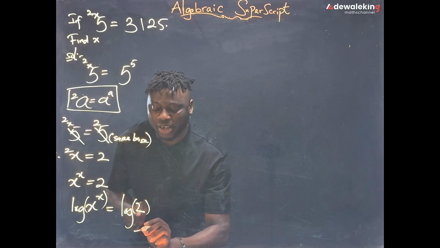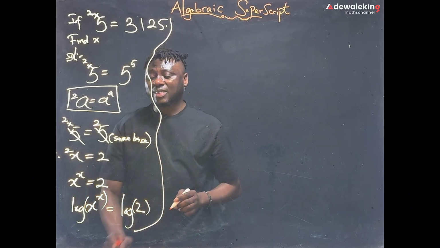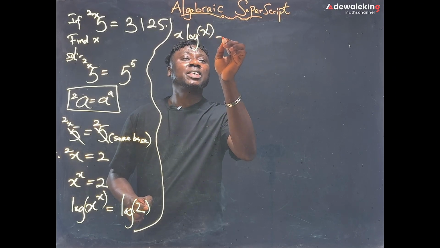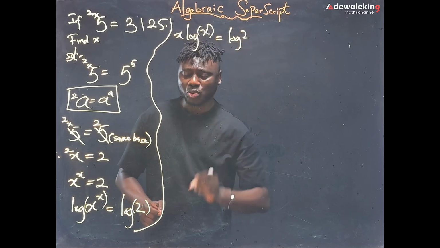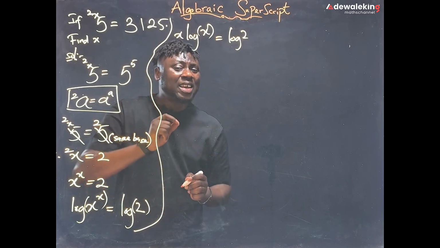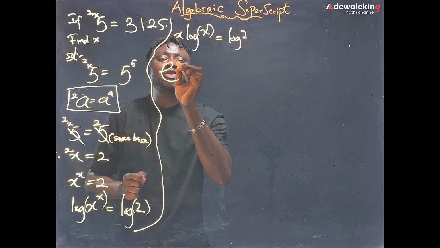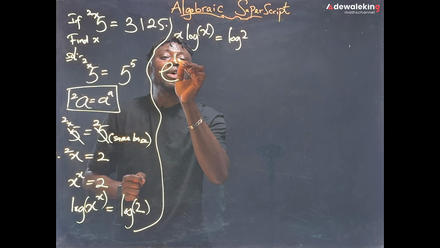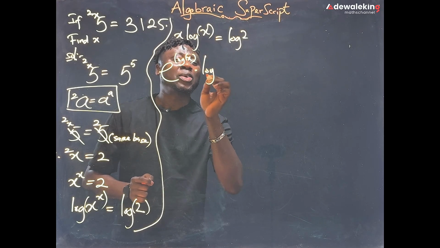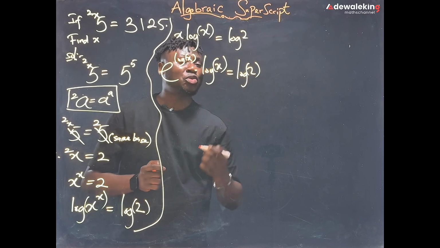Taking the solution further from here, this is the same thing as x log x is equal to log 2. And from here, we can add an exponential by saying this is exponential of log x multiplied by log x, which is equal to log 2.